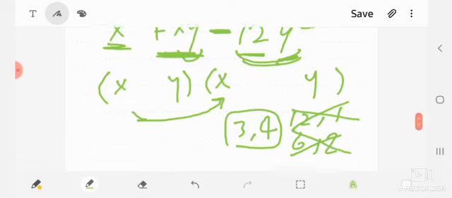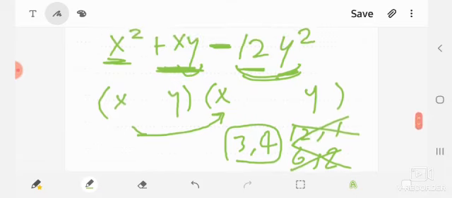So we use this pair as our solution. We put 3 and 4. Which one will get the positive sign and which the negative sign? The coefficient of the third term is negative, so one of them is positive and one is negative. Look at the middle term. The coefficient is positive 1.